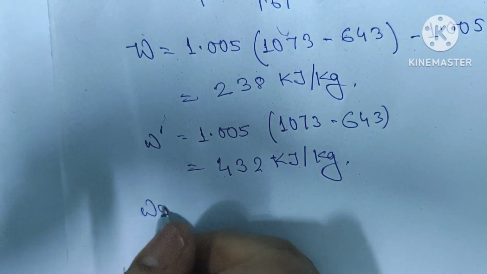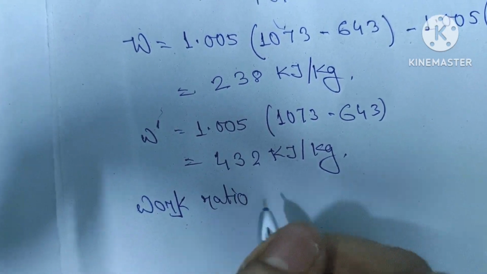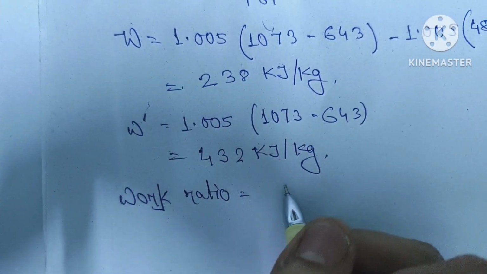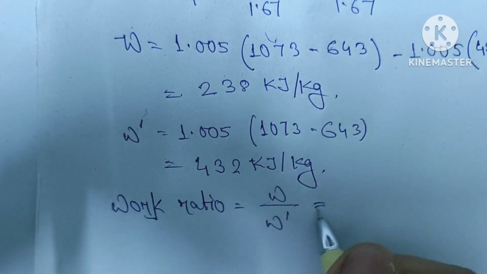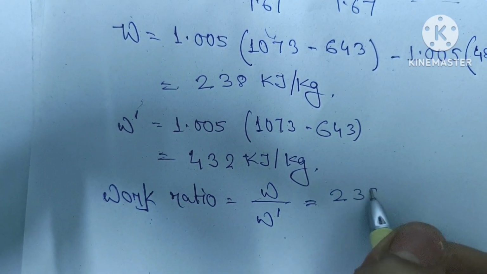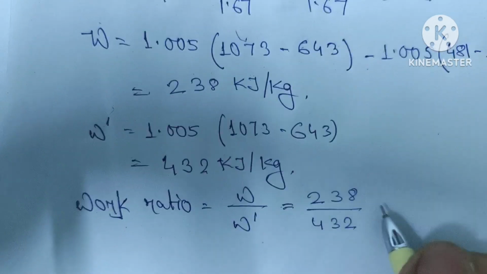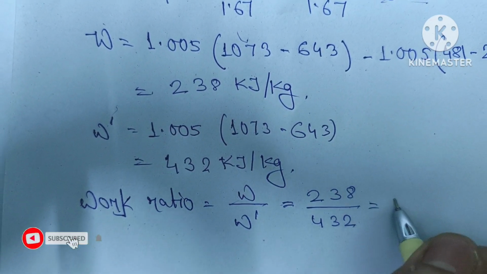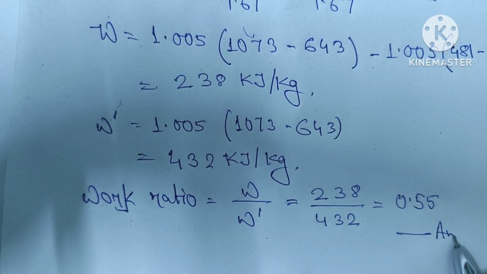So now the work ratio equals to W by W dash, that is net work by gross work, that is 238 by 432, and by calculating this you will get the answer 0.55. So this is the second answer.